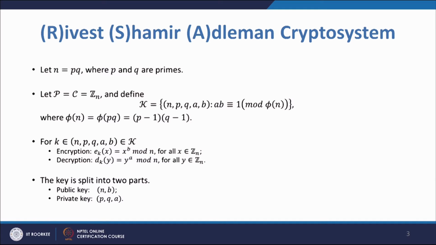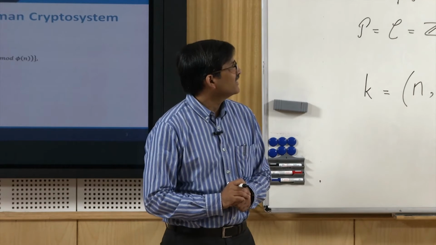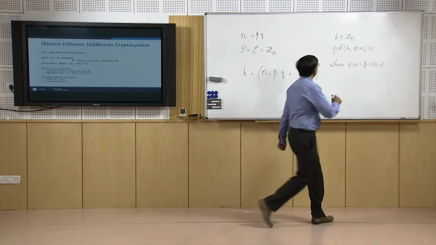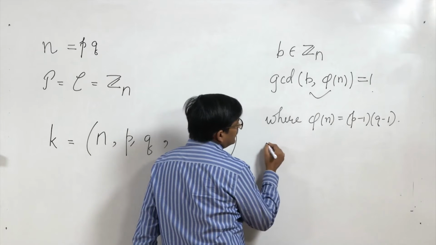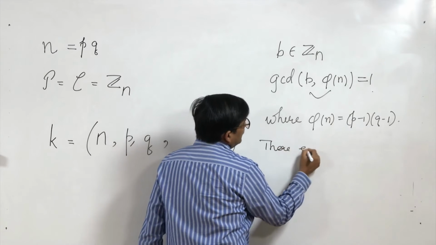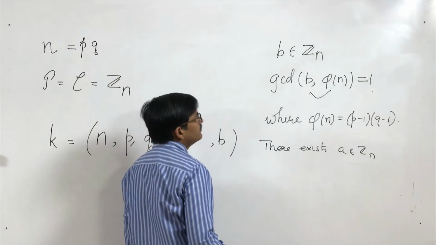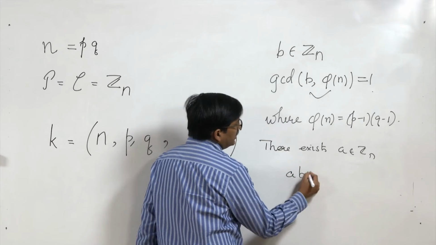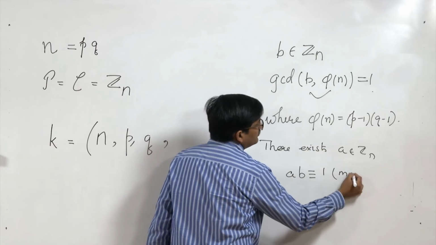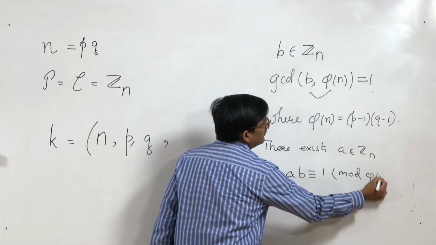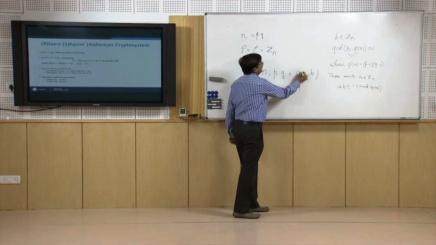We also know from our previous lectures on modular arithmetic that if B is co-prime to phi n, that is GCD is 1, then it is possible to find A, that is, there exists A belonging to Z sub n such that A times B is congruent to 1 modulo phi n, and this is the last component of the key.